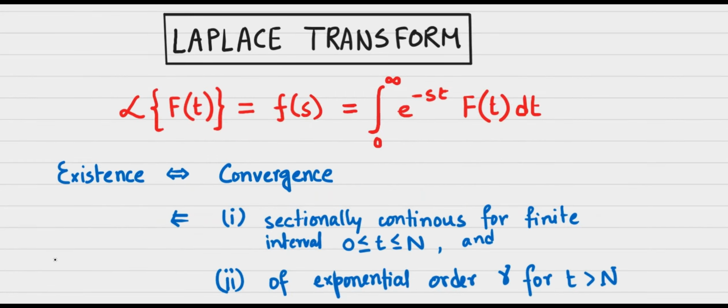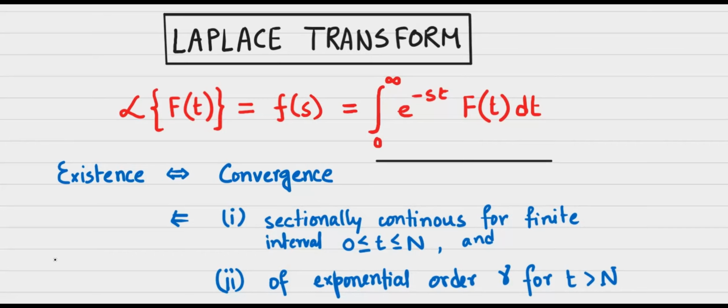So here I describe the condition for Laplace transformation to exist. It turns out, and expectedly, the existence of Laplace transformation means the convergence of this integral. Of course, anytime we have an integral, the primary and utmost important thing that we need to talk about is the convergence of that integral. Otherwise, it is probably meaningless to talk about it.